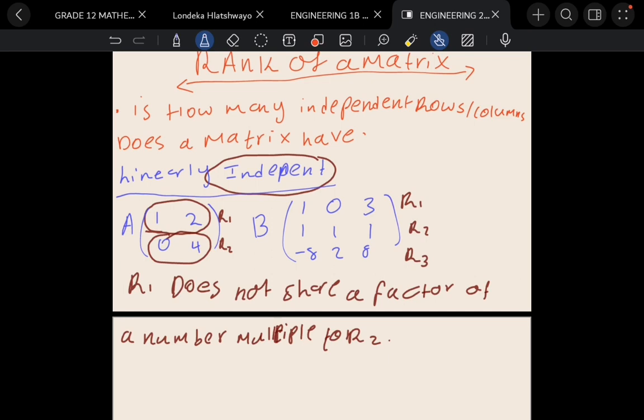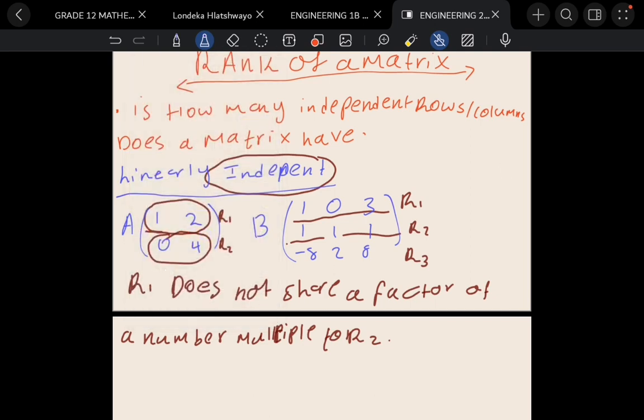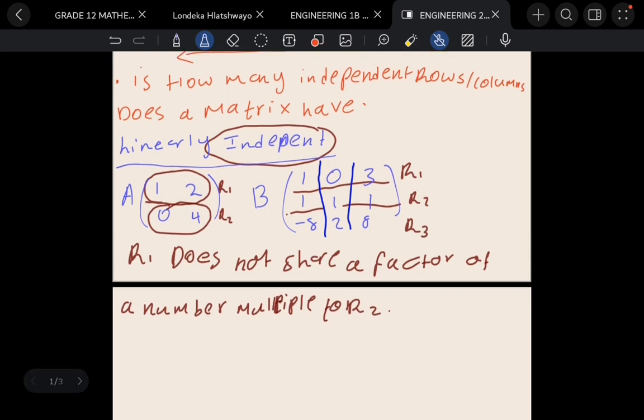Let us look at the second matrix B. You can notice that the rows are different also, and the columns are also different from one another. So we can deduce that the rank of this can be what?